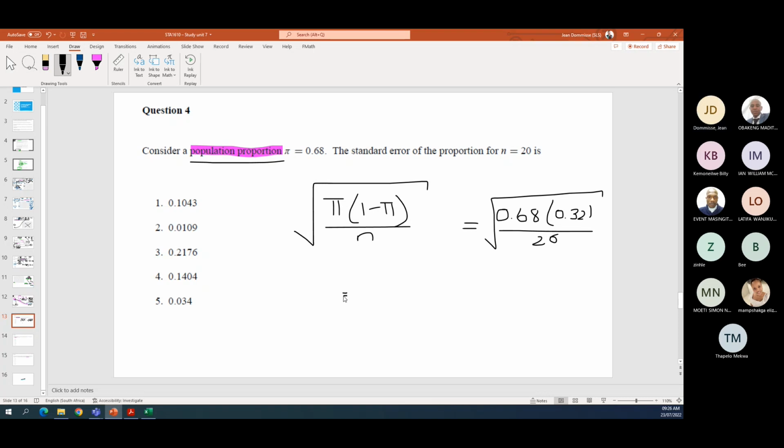So 0.68 times 0.32 divided by 20. So that is 0.0109. And so again, just seeing that, just again, be careful.